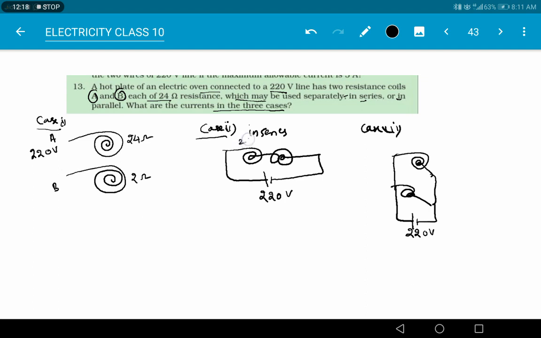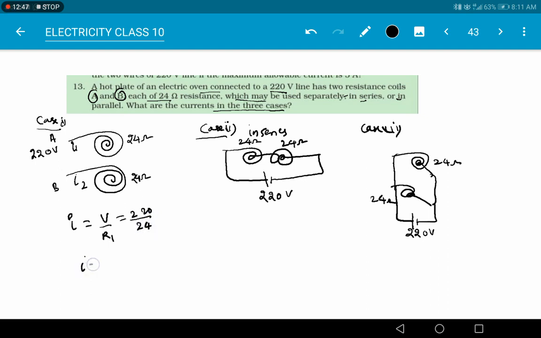So this is 24 ohm, 24 ohm. When they are connected separately, the current in the first coil is equal to the current in the second coil. Therefore, I is equal to V by R1, or you can take R2. So 220 by 24.